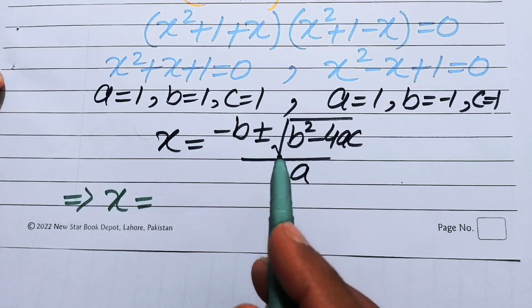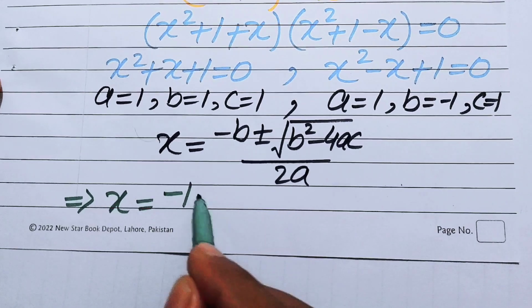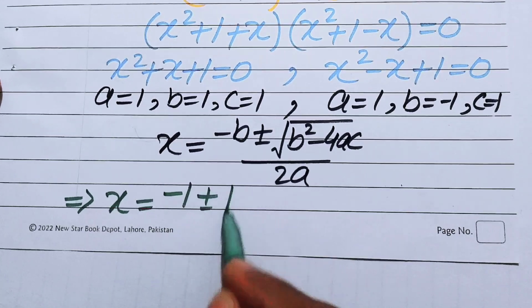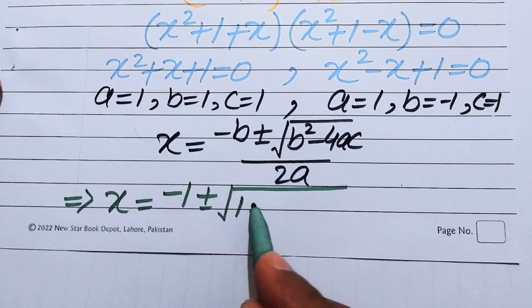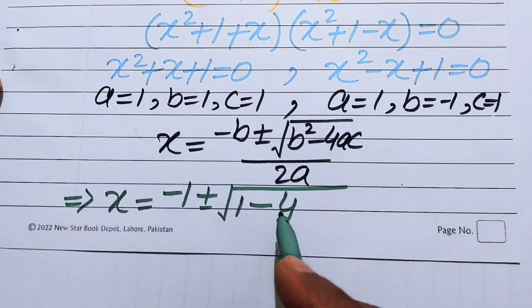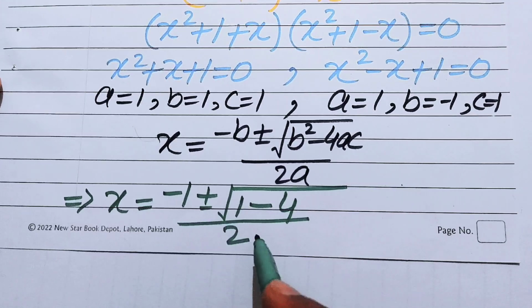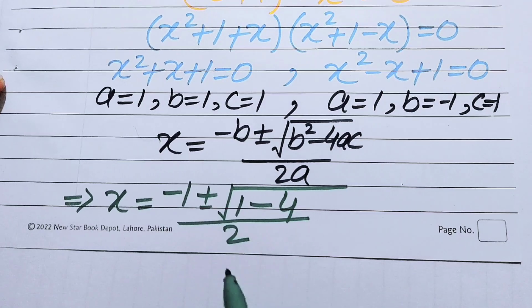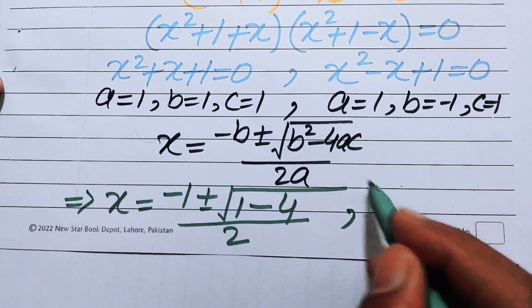First we have x equals, we put these values in this formula, minus 1 plus minus the square root of, the value of b is 1, so 1 square is 1, and minus 4 times ac, our a and c is 1, so it becomes 4, and it is divided by 2 times a, and our a is 1, so it becomes 2.